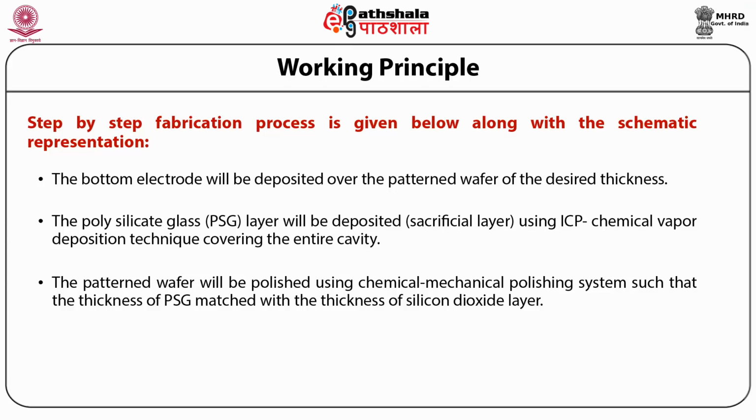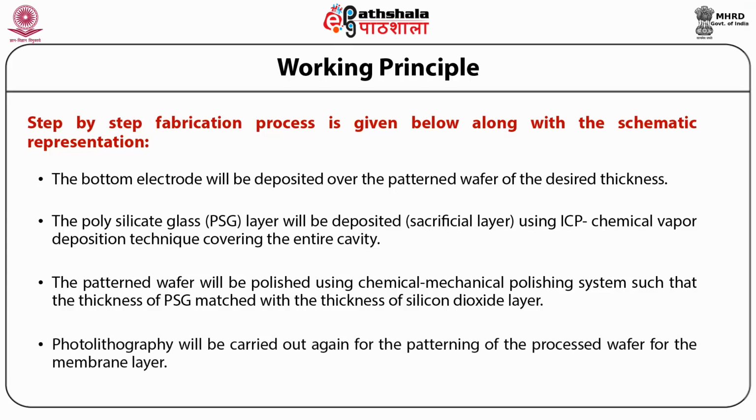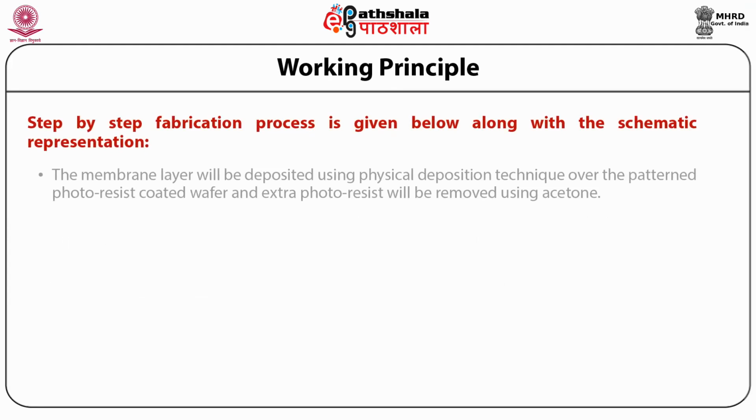Now, the PSG layer is present only over the metal electrode in the cavity, which you all can see in the figures. So after this, the photolithography will be carried out again for patterning of the processed wafer for the membrane layer formation. The membrane layer will be deposited using a physical deposition technique over the patterned photoresist coated wafers, and extra photoresist will be removed during the process using acetone.